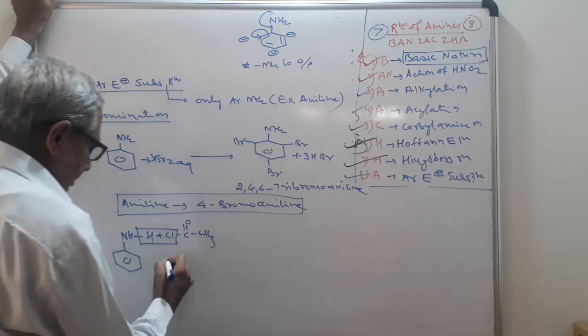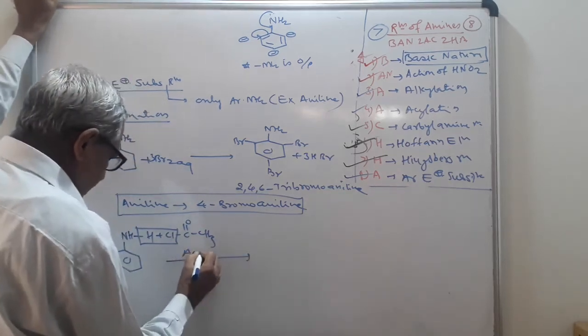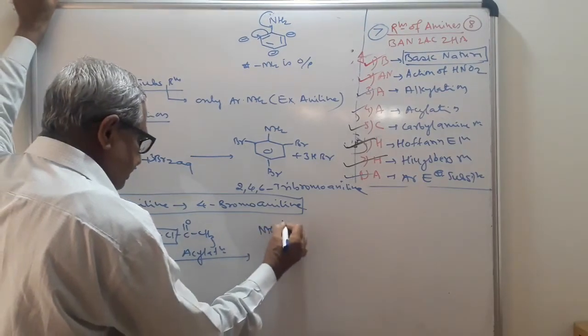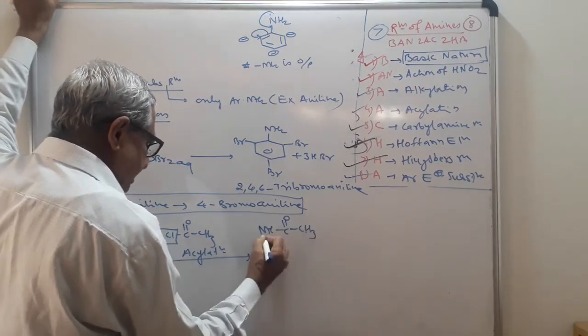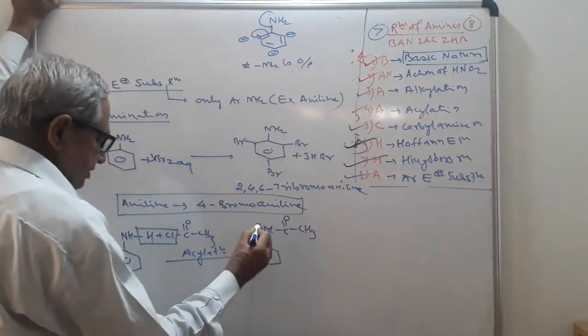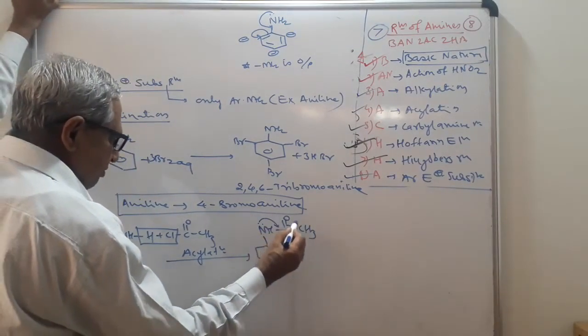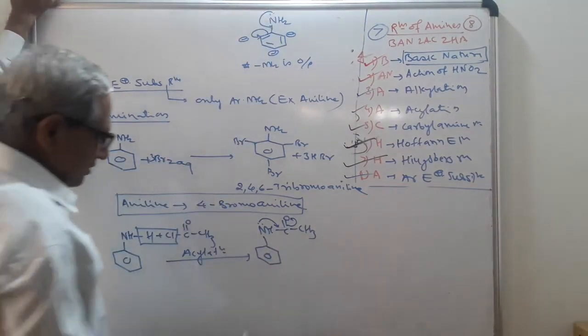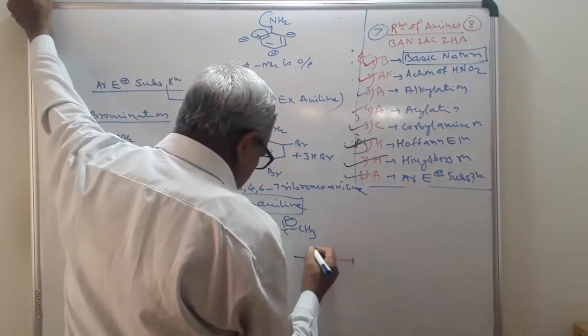Now see, this reaction is known as acylation. So what you will get here is NHC double bond O CH3 on the benzene ring. It is also known as deactivation, because the lone pair of the NH group is withdrawn by the C=O group, therefore the ring will become deactivated. Then you do the reaction with bromine water.